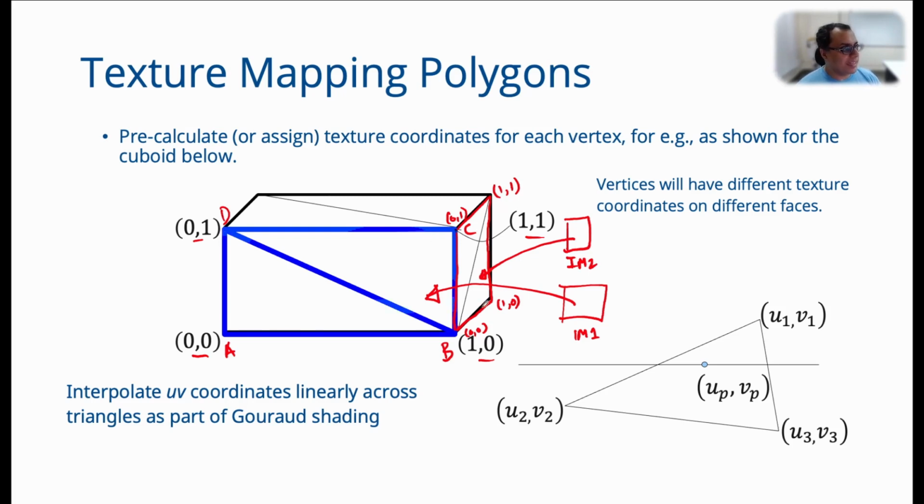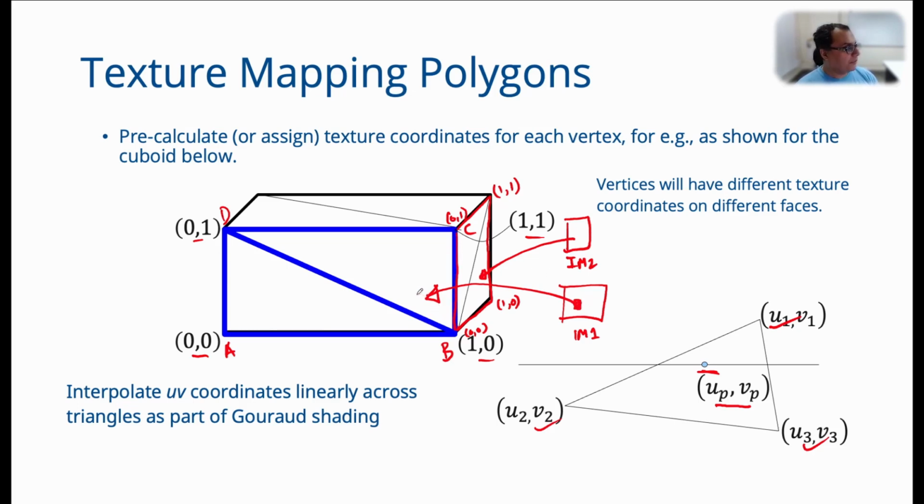So you can pass these coordinates along with your geometry as vertex attributes. They go to the rasterizer and they get interpolated to every pixel using normal scanline interpolation. Then the texture coordinates are emitted to the fragment shader. It is the fragment shader's job to take the texture coordinates and fetch the appropriate image pixel and take its color and apply it to that fragment.